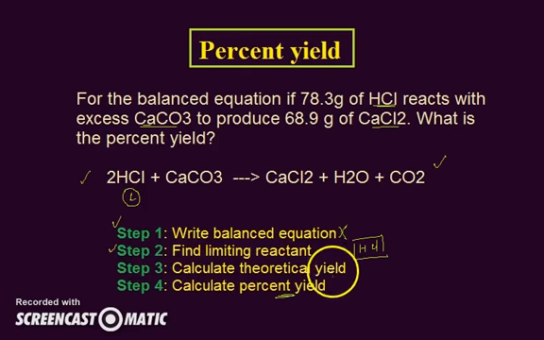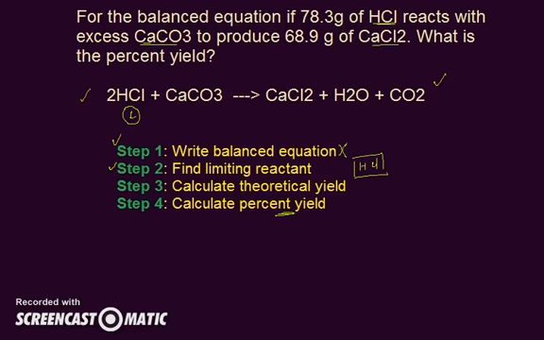It says to calculate the theoretical yield. Let's begin with the mass of the limiting reactant, that is hydrochloric acid, and the mass of the limiting reactant is given as 78.3 gram. I mention over here 78.3 gram HCl. We convert the mass of hydrochloric acid into moles, and for mass to mole conversion we use molar mass.